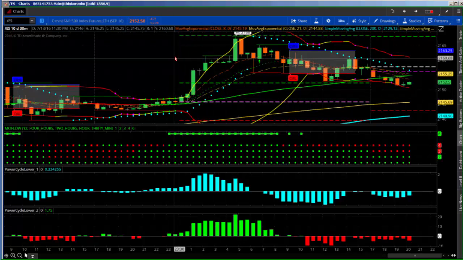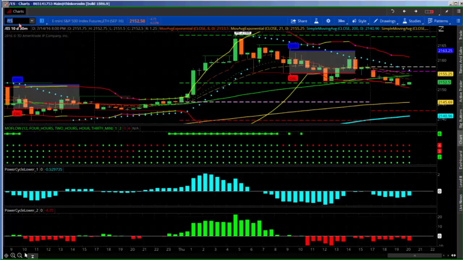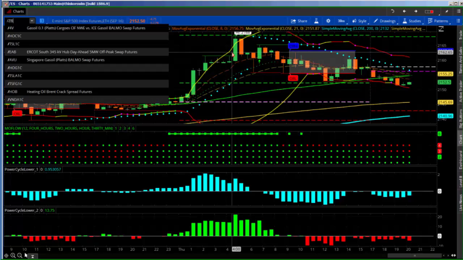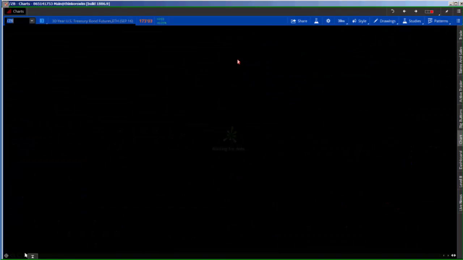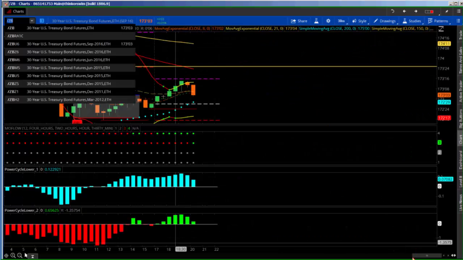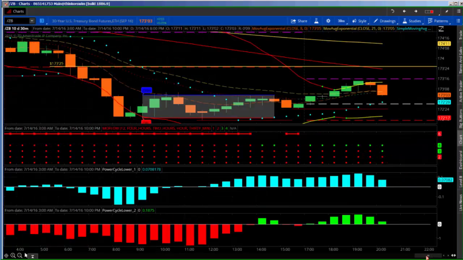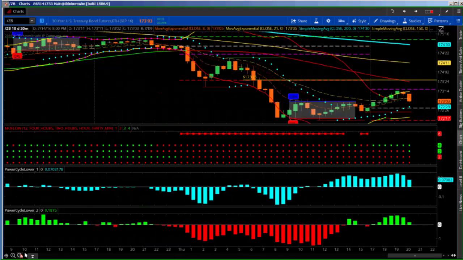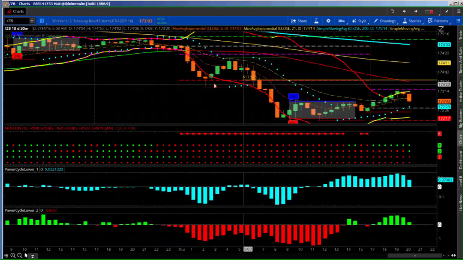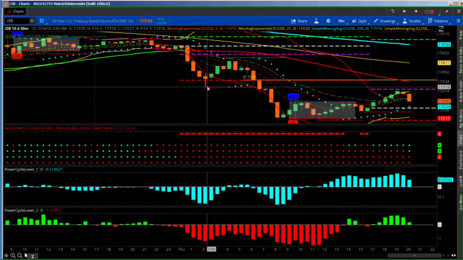Had some fantastic trades here, setups today on the bonds, again based on momentum. This is another example while I'm here. You can see how strong this momentum was to the downside today on bonds. You can see here when it broke, see this swing low right here? And it popped back up to the 21 EMA here.